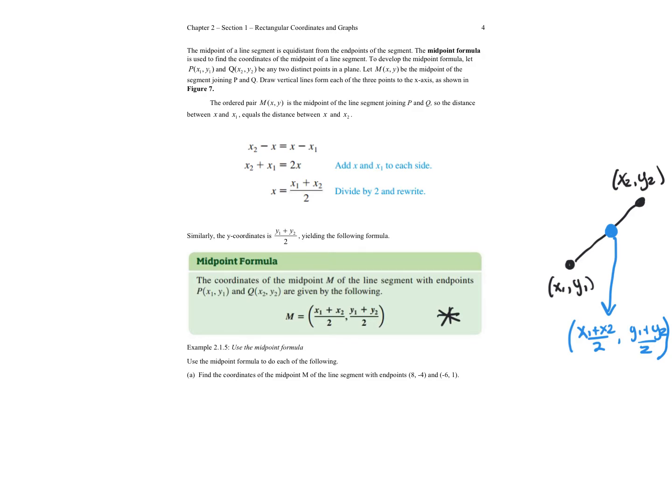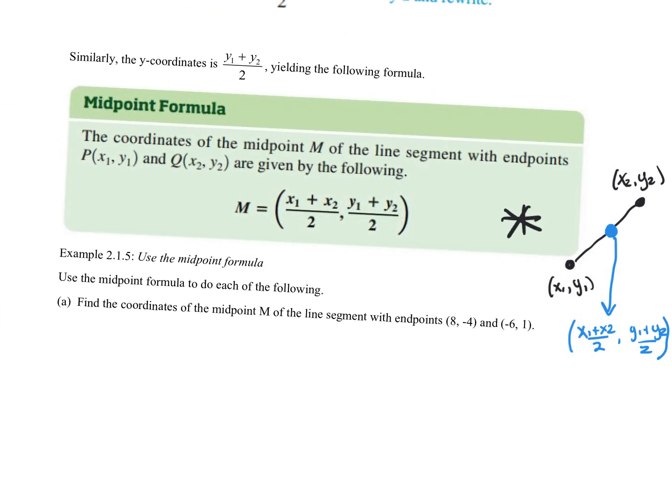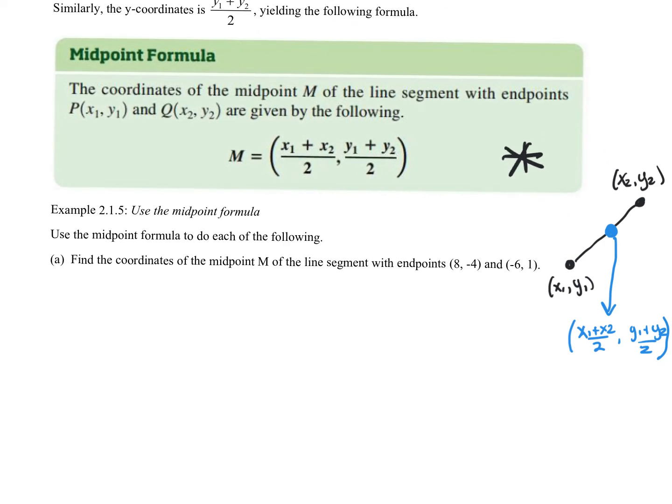So let's try it. It says, find the coordinates of the midpoint of this line segment. So here we go. x1, y1, x2, y2. So my midpoint is going to equal, it's an ordered pair, 8 plus negative 6 divided by 2, comma, negative 4 plus 1 over 2.